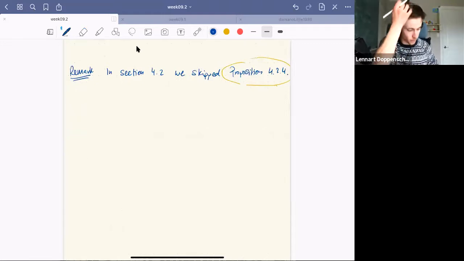So just make sure that you read proposition 4.2.4, and I would highly recommend you have a look at it. The main important theorem is 4.2.7, and that's the important bit.